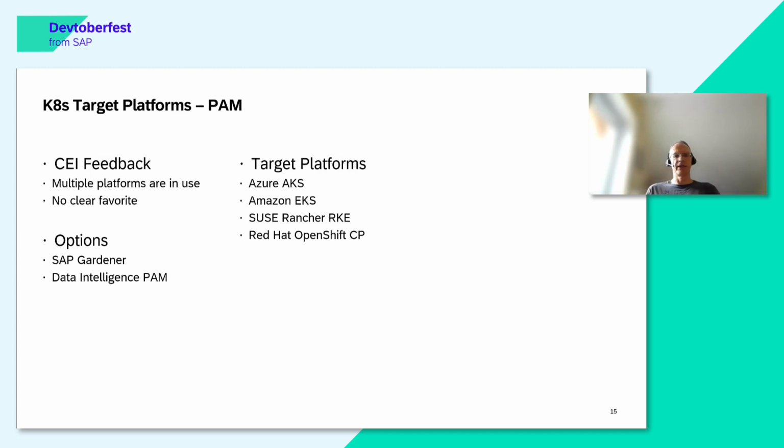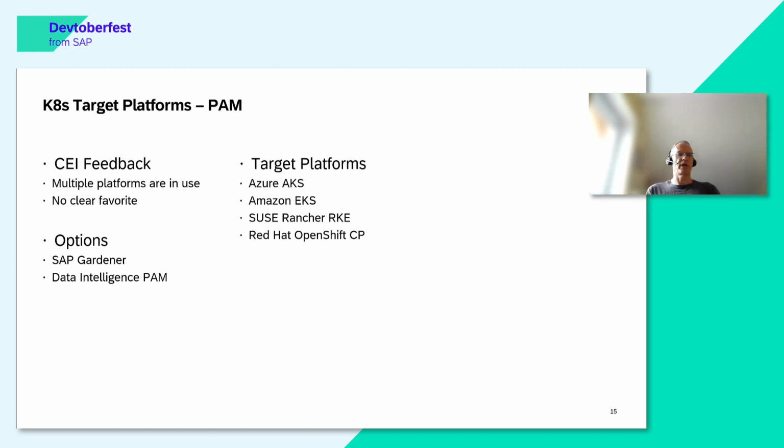And when talking to customers, there are some dominant platforms, of course, but it's not that it's only one platform that's being used by all. It's a heterogeneous world, and so different offerings are different. Some customers are more in favor of Azure, other customers are more in favor of AWS, and it's similar on the Kubernetes front.